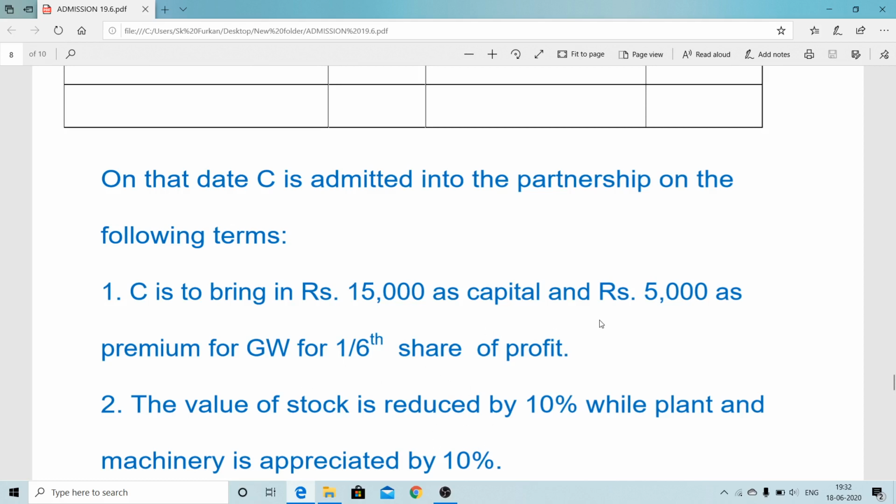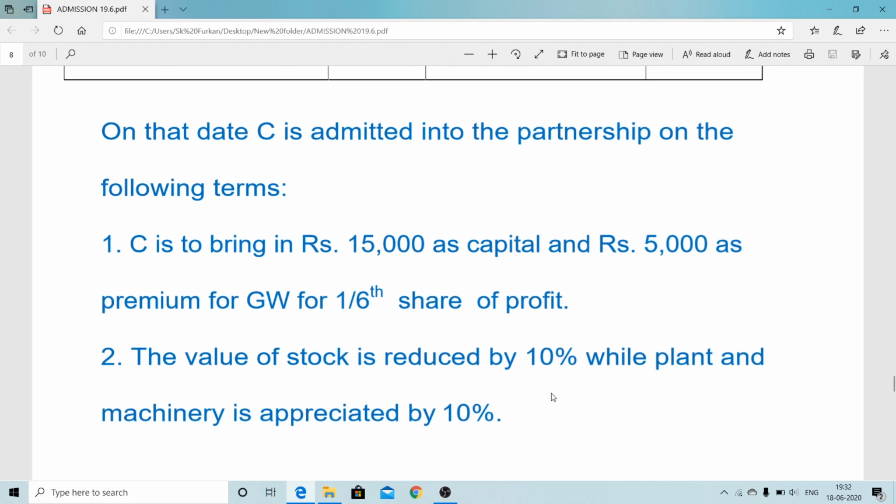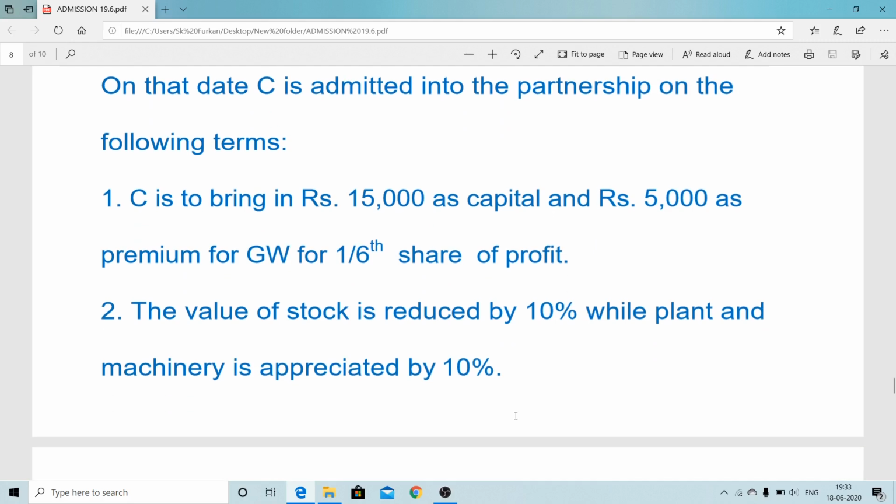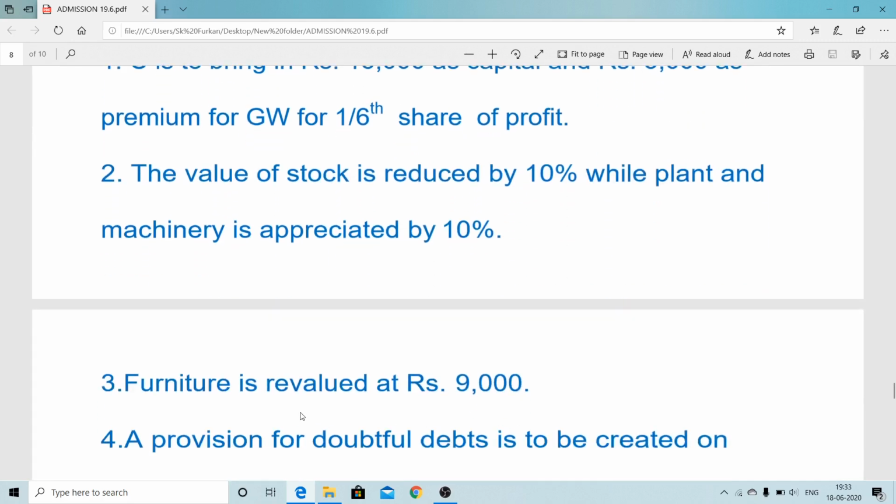Treatment of goodwill is the same as here: bank to PGW to old partners' capital under the sacrificing ratio. After that, related to revaluation, changing of assets and liabilities: the value of stock was reduced by a percentage provided, so directly stock into 10% we will take here. Here also plant and machinery is appreciated, meaning net amount, we will consider the value into 10%. Furniture value revalued at, here it is provided at, so book value and this value will be compared.